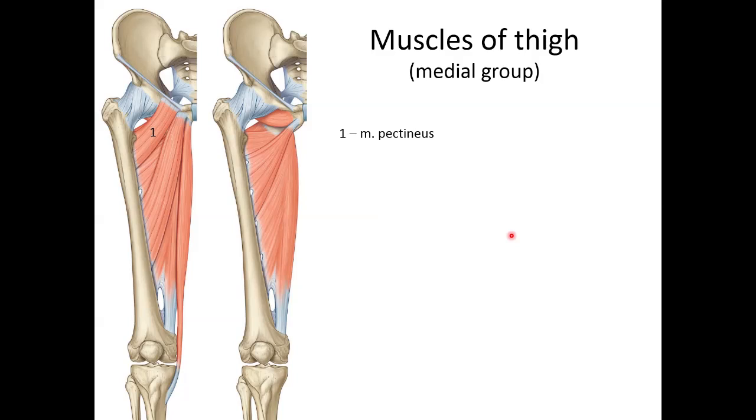We shall ask ourselves about the terms. Why pectineus? Because it originates from pecten ossis pubis. That's why pectineus muscle. And sure, as a result of contraction of this muscle, we can have adduction of the thigh.